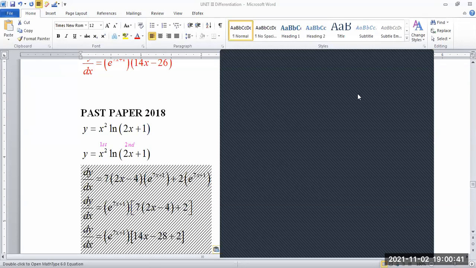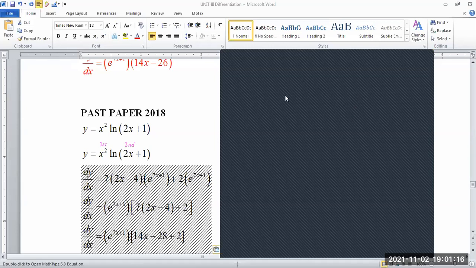When I differentiate ln x, the differential of ln x is 1 over x. So it's the first times the differentiation of the second. The differentiation of ln of 2x plus 1 is 1 over 2x plus 1, and then I have to times it by the differential of the function itself.